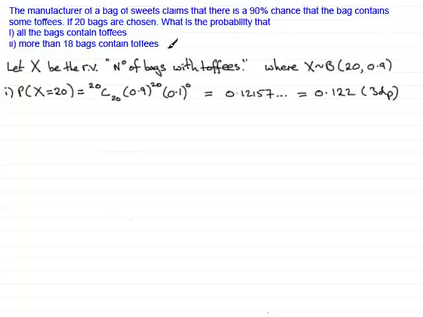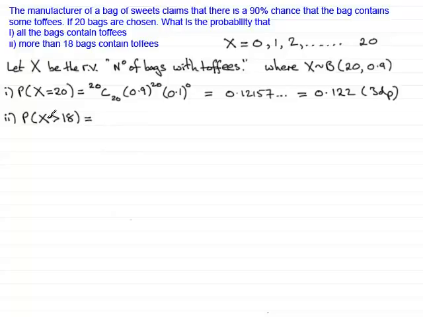Now, in the next example though, we've got several values because we're being asked the probability that the number of bags that contain toffees is more than 18, so X is more than 18. The random variable X takes on the values 0, because you could find that you've got no bags containing toffees, or 1 bag could contain toffees, 2 bags, and so on, all the way up to 20 bags.